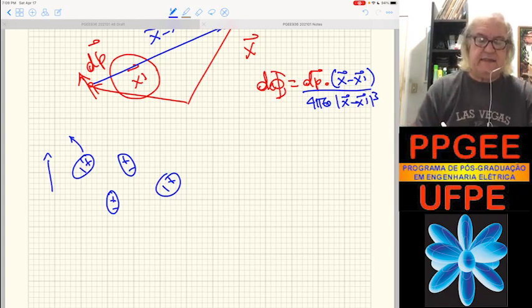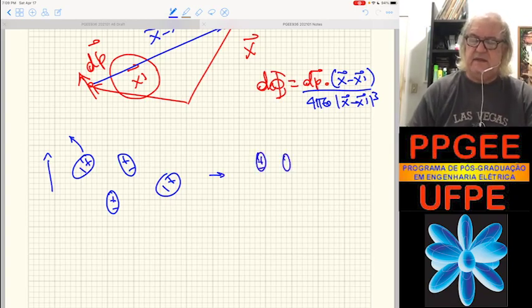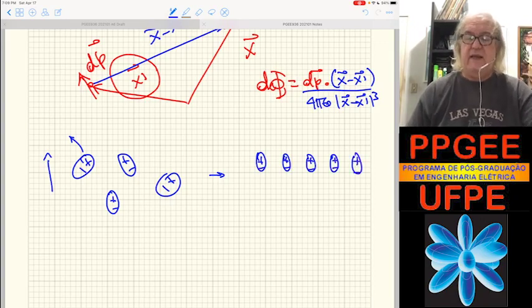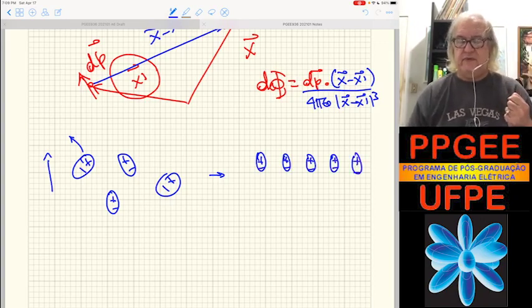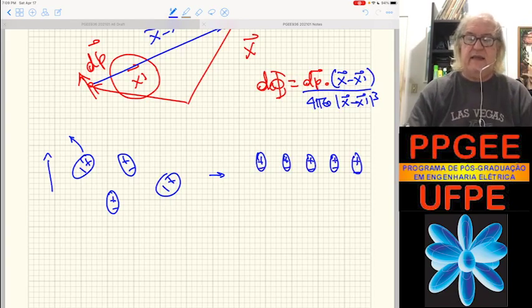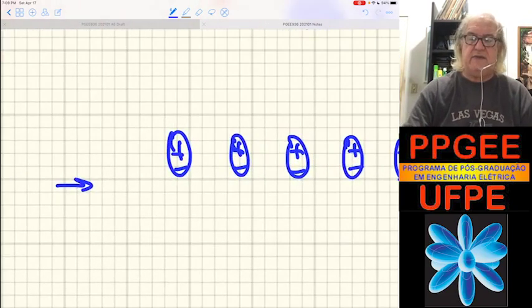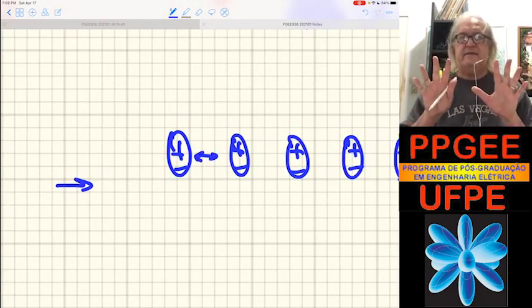So the tendency is for this dipole to align in the field. So after we apply a field, we're going to have some ordered situation. And when you remove the field, the internal interaction is so strong that they keep aligned.